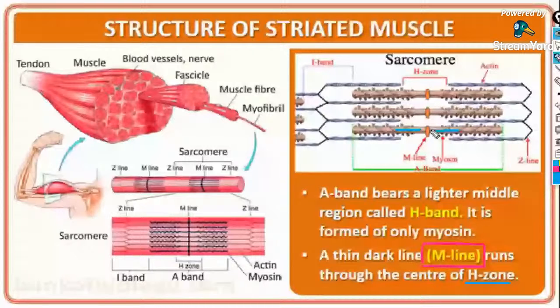Guys, is it clear? In your NCERT, the M line is represented as a single line like this, but actually it's like this. But according to your exam, they will ask you this diagram. This is the enlargement of this diagram. So the M line means the two myosin filaments are held together by a dark line, a fibrous tissue known as the M line, which runs through the center of the H zone.